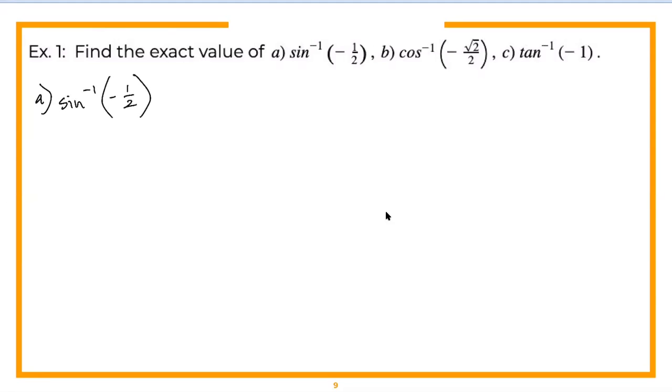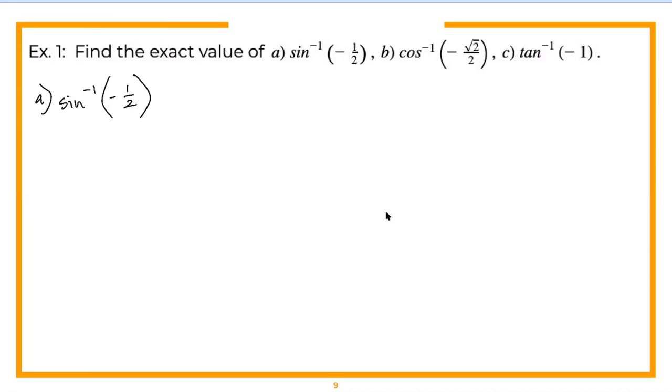When we say find the arcsine of -1/2, our answer should be an angle or a coordinate? An angle. It should be an angle, absolutely. And so we're going to need to go back to our unit circle to help ourselves answer this, okay?